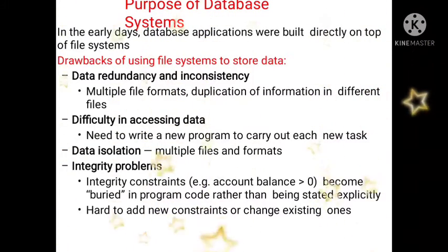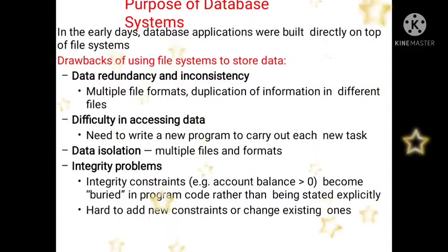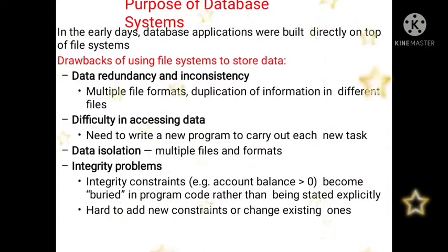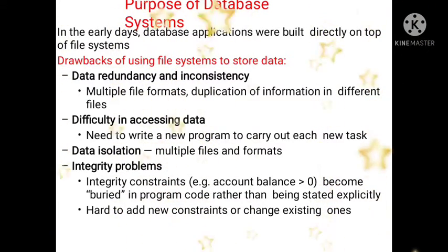The first ones are data redundancy and inconsistency, difficulty in accessing data, data isolation and integrity problems. An integrity problem means the data we enter goes beyond the limit. In a file system there will be an error and we cannot access the data.